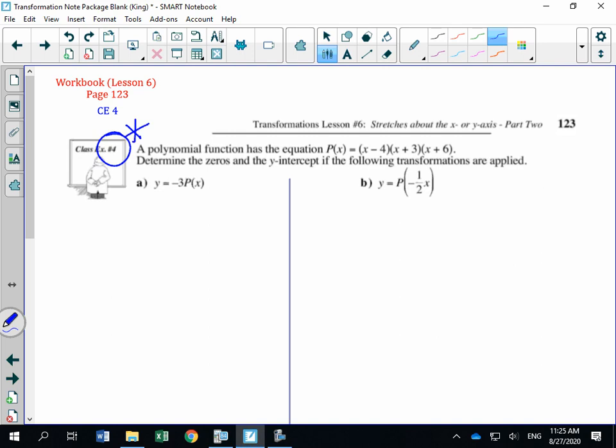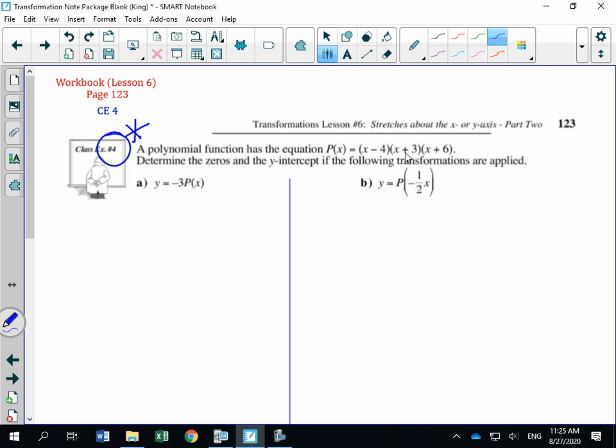That means I'm going to put it on a quiz, exam, something, you'll see it. A polynomial function has this equation: x minus 4, x plus 3, x plus 6. We're going to do an entire unit on polynomials. Though you did do quadratics in Math 20-1, this polynomial function is essentially factored.